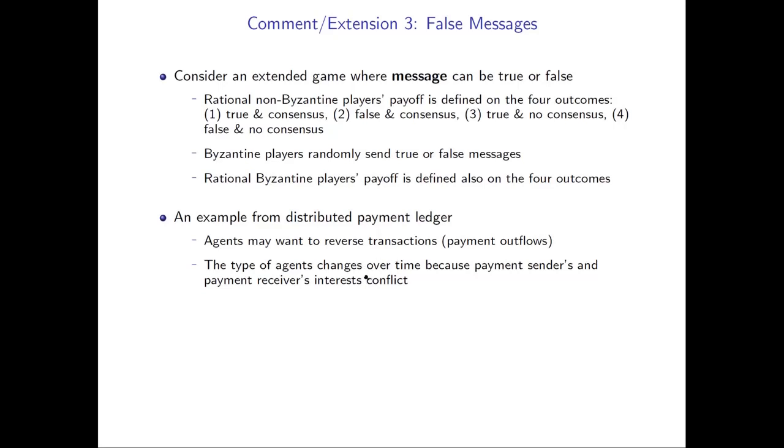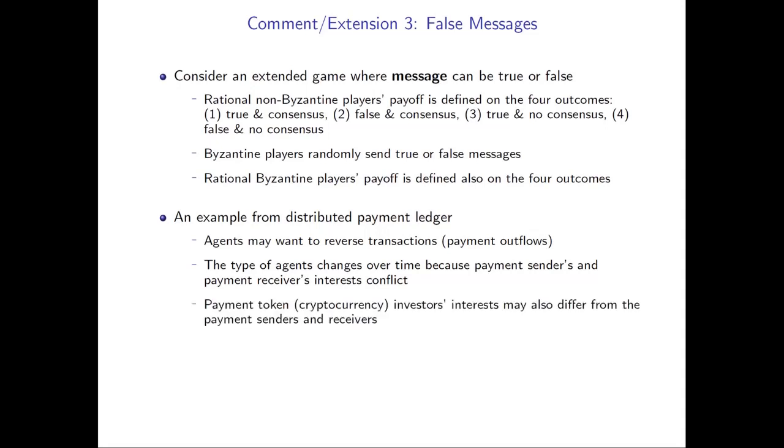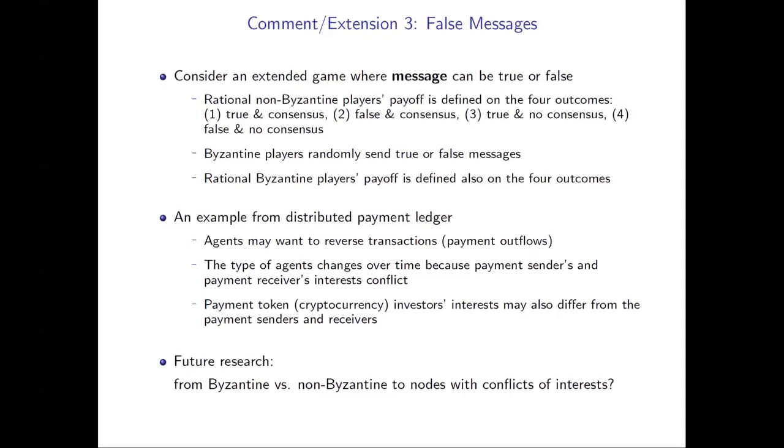And of course, if we think about this, the types of agents can switch over time between faulty and rational non-faulty behaviors. So I think this points towards a more general direction of research. That is, if we think about the design of decentralized systems, how the consensus is arrived at, there are players who have conflicts of interest.